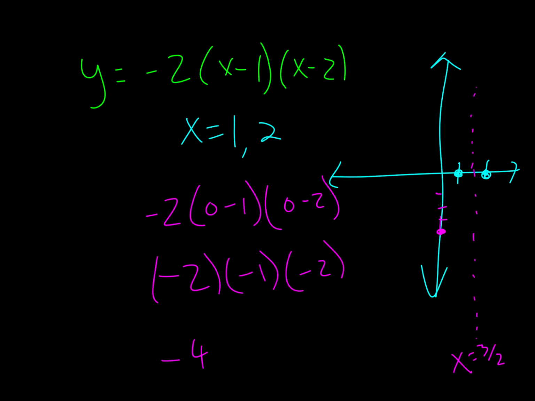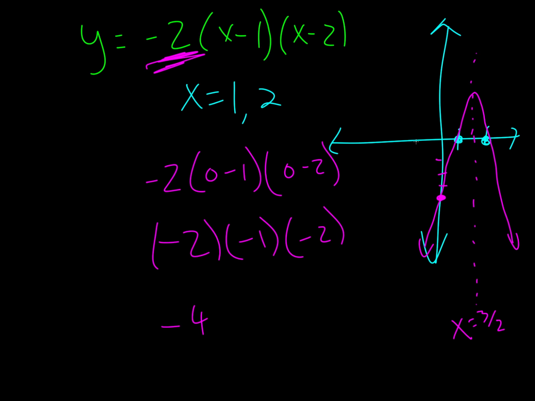And so if we connect the dots, let's see. Having a hard time with that. Like that, and then go through there. Continue there. Alright. Since this leading piece right here is negative, we know it should be upside down, and so it fits everything that we expect.